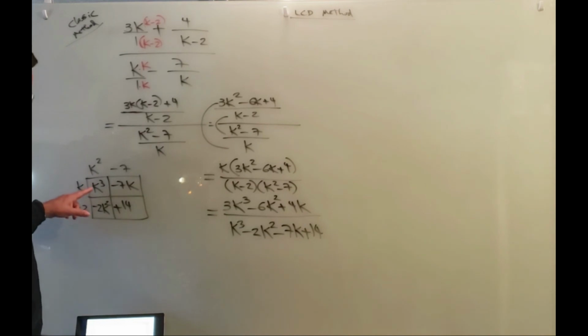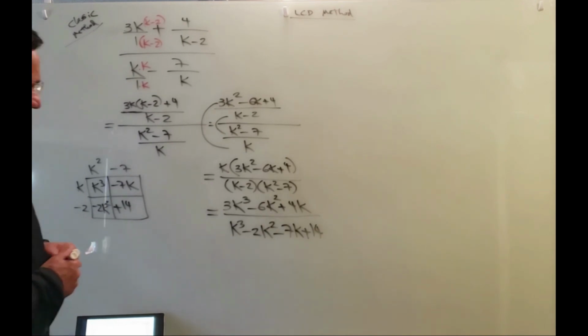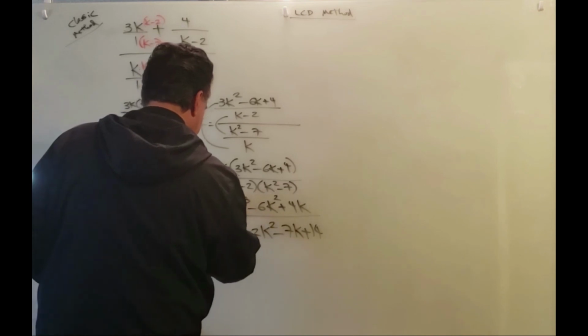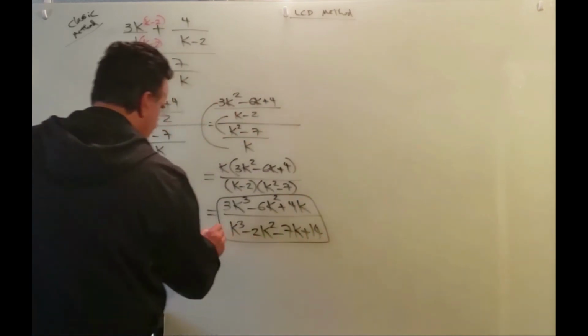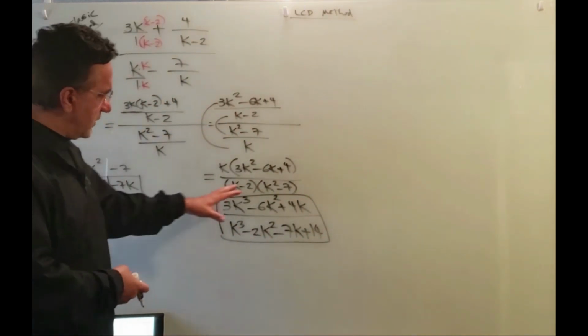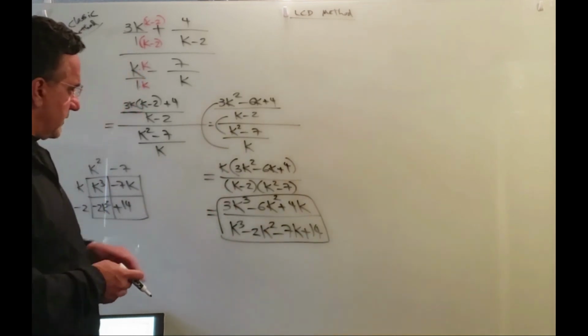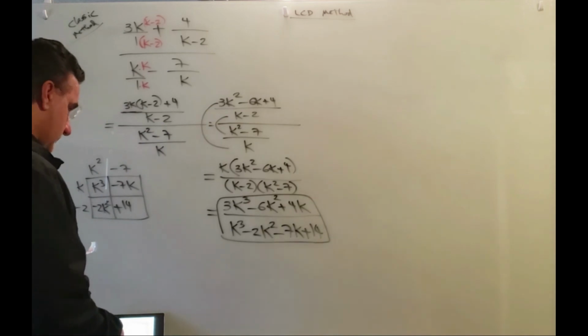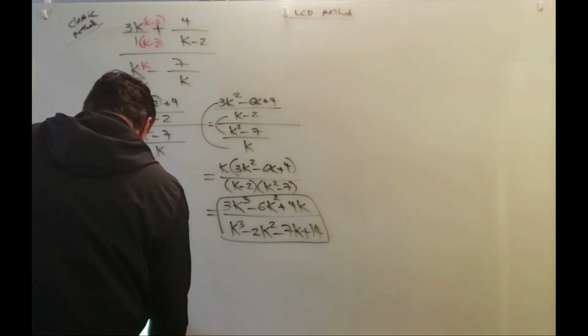So it's just going to be k cubed minus 2k squared minus 7k plus 14. And we are basically finished with that. Now, sometimes if we just have a trinomial, we'll try to factor, but in this case, it's pretty safe to say that we are in lowest terms.